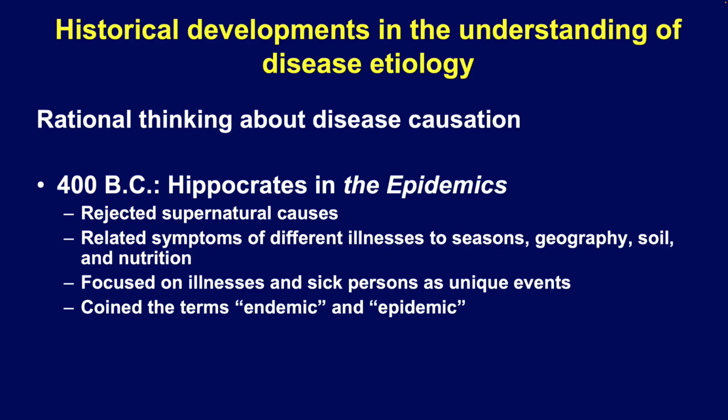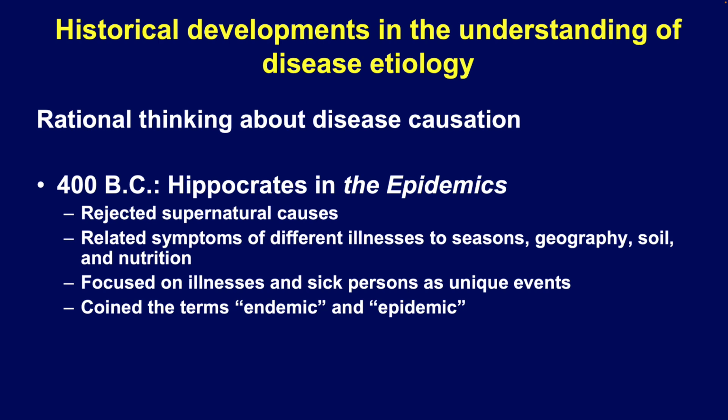But that's not to say there wasn't evidence of rational thinking about the causes of disease as well. As early as 400 BC, we can see in Hippocrates' writings in the Epidemics that he rejected the notion of supernatural causes of diseases. In fact, he related symptoms of different illnesses to things like seasons, geography, soil, and nutrition.